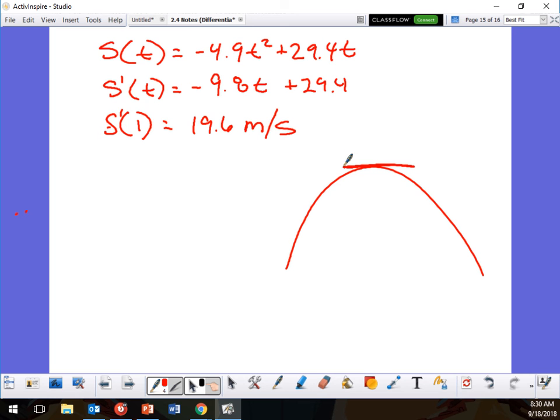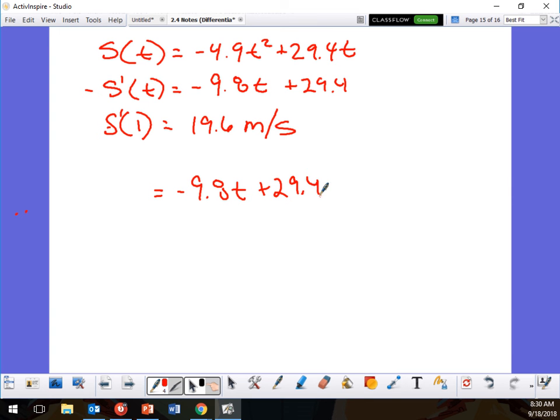Now I'm setting the velocity, which is my first derivative, equal to 0. So negative 9.8 t plus 29.4. Instead of writing s prime of t, I'm going to set this equal to 0.